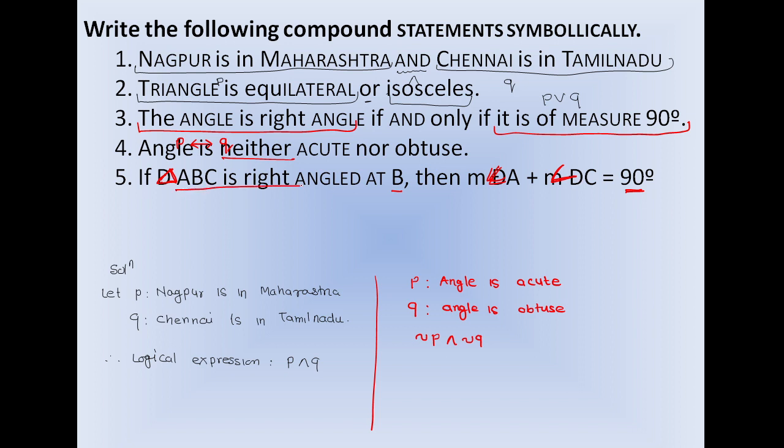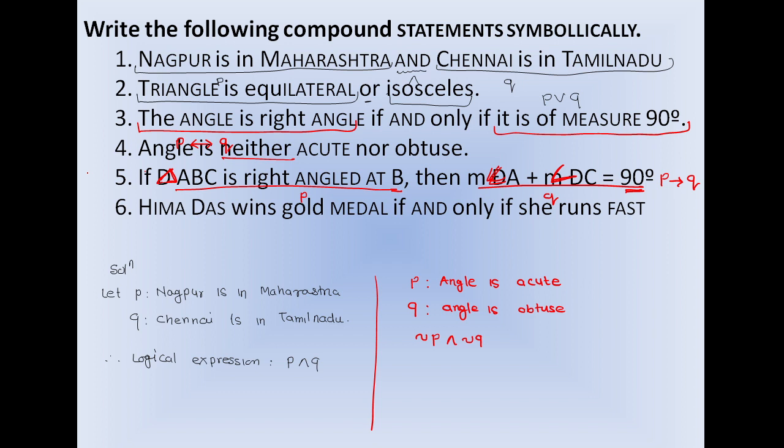Triangle ABC is right angled at A, this is P. Measure of the angle A plus measure of the angle C is equal to 90 degree is your second statement. And they are connected with the if then connective. So what is the if then connective? P implies Q. So the logical expression for this question is P implies Q.